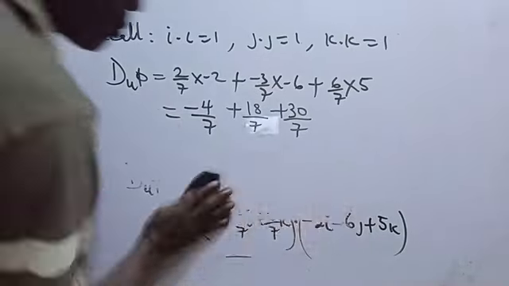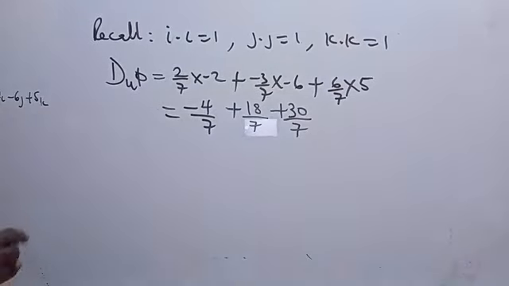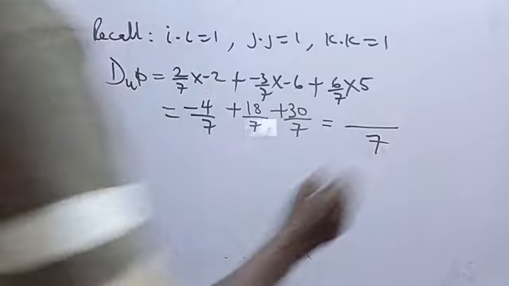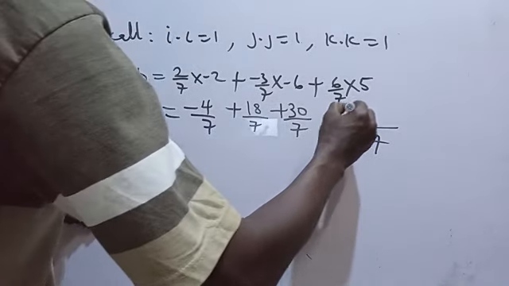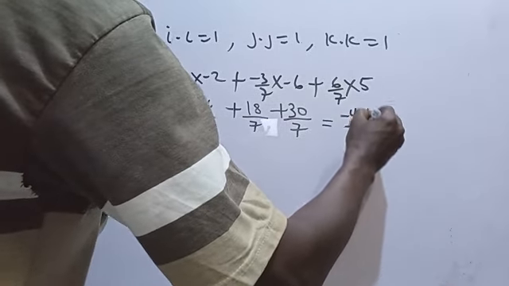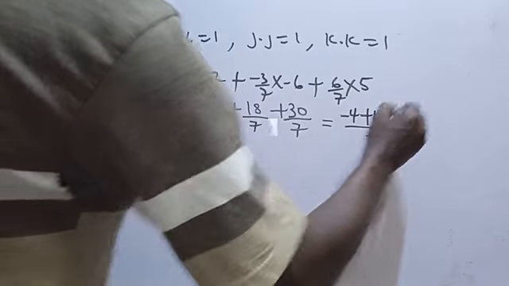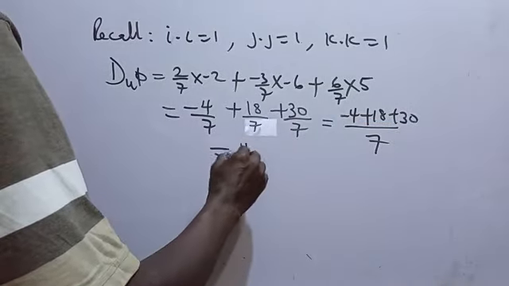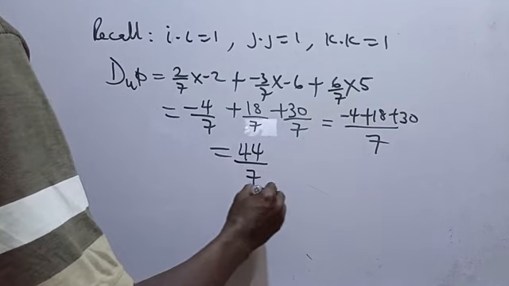So, finally, our LCM is going to be what? 7. Good. So, this is going to be minus 4 plus 18 plus 30. So, what is minus 4 plus 18? That is 14. 14 plus 30 is 44 all over 7.